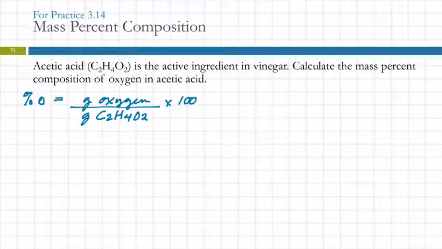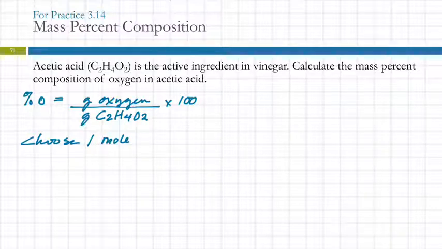But we have no masses. So we're going to choose 1 mole. You could choose 3.5 metric tons, but why? Why make things hard? We're just going to choose 1 mole.